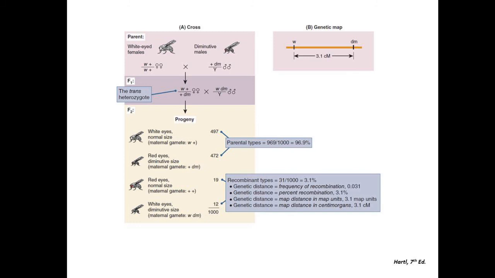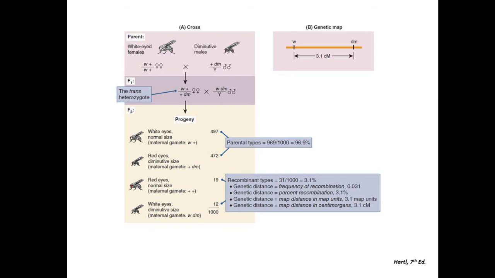So in that progeny, they have found in 1,000 progenies, 96.9% progenies are showing the same phenotype as parental type. Okay, we say parental type genotypes, or the parental type phenotype, I meant to say. Okay, W plus and plus DM. Both these conformations can be found in the parental type, and both the phenotypes can be found in the parental type.